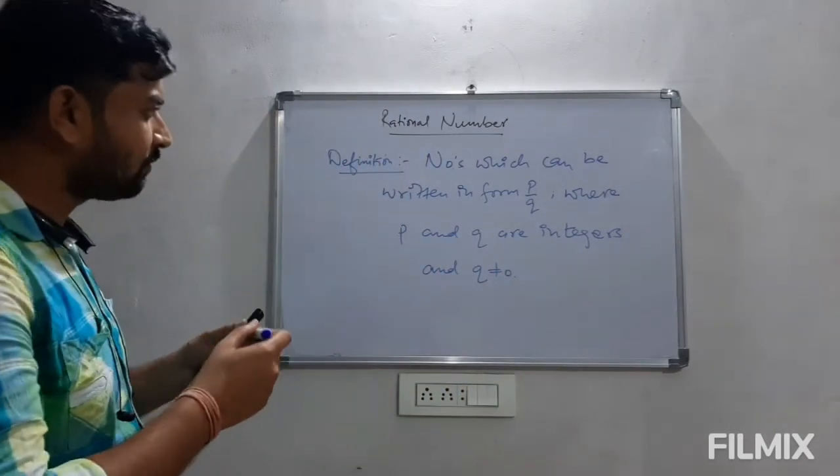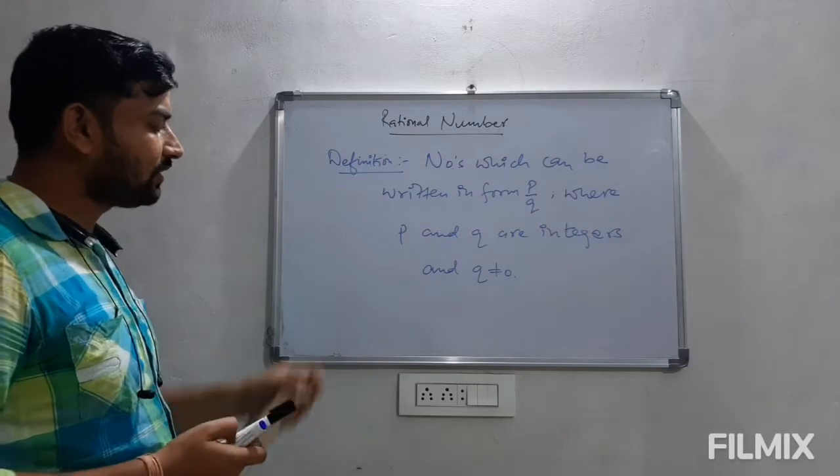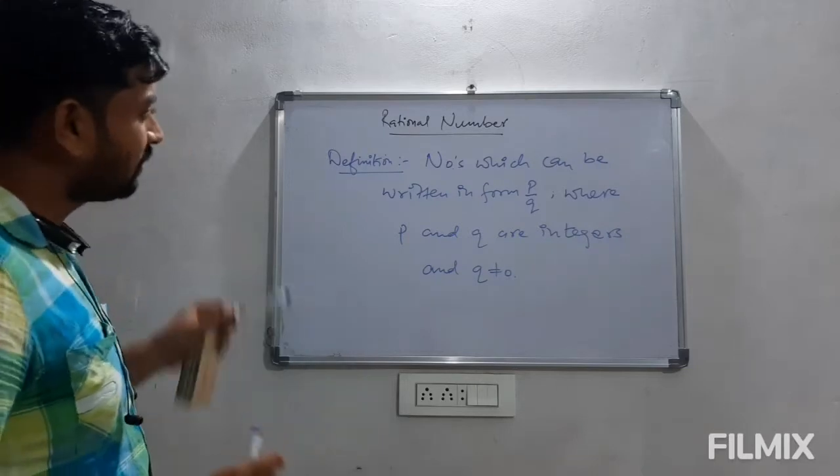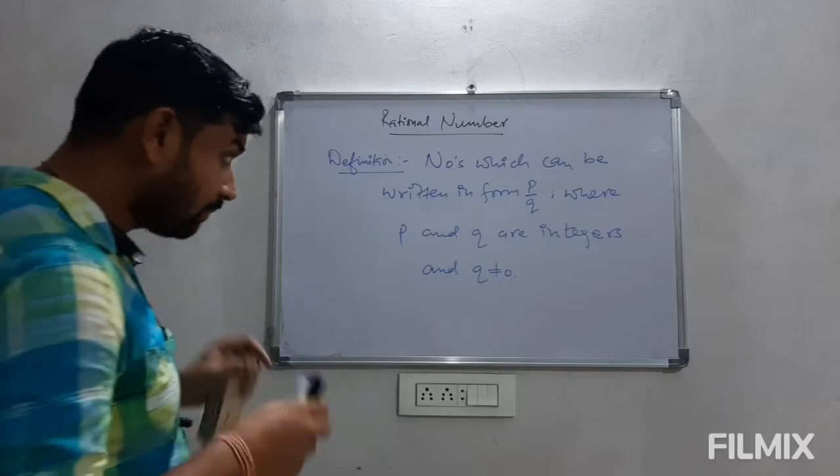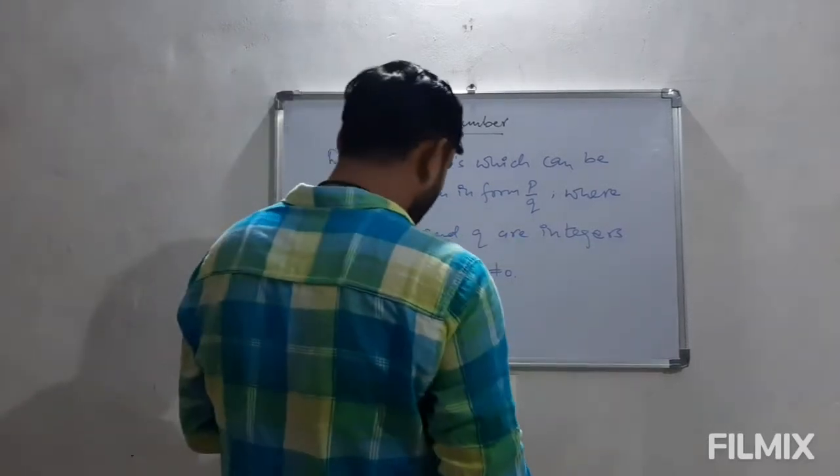Numbers which can be written in the form of p upon q, where p and q are integers and q is not equal to 0. This is the complete definition of a rational number.